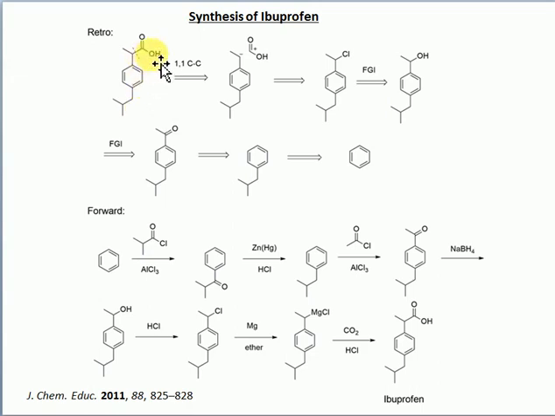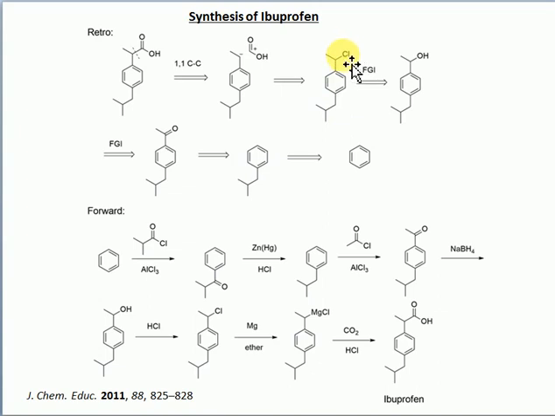First, you see there is a carboxylic acid group which we can disconnect here. I already taught you how to make carboxylic acids. It can be done by treating a Grignard reagent with carbon dioxide. You all know that. So this negative charge, as I told you, can be generated from a Grignard reagent from an alkyl halide.